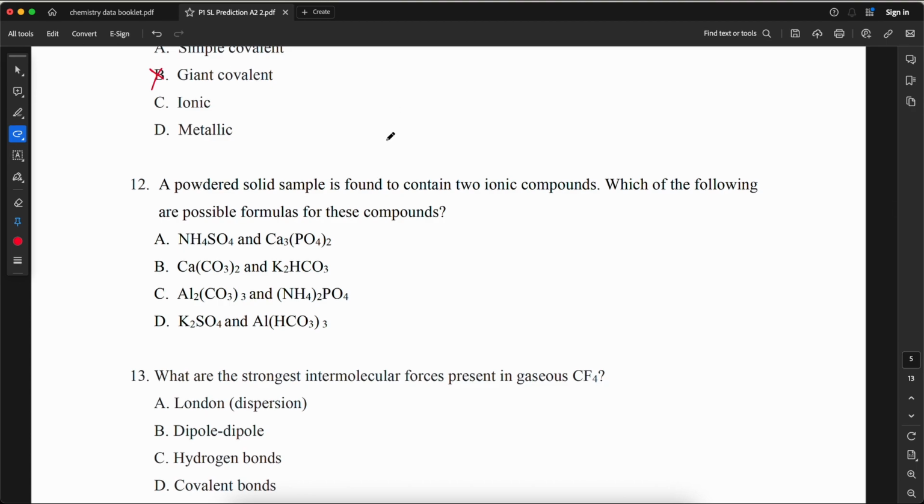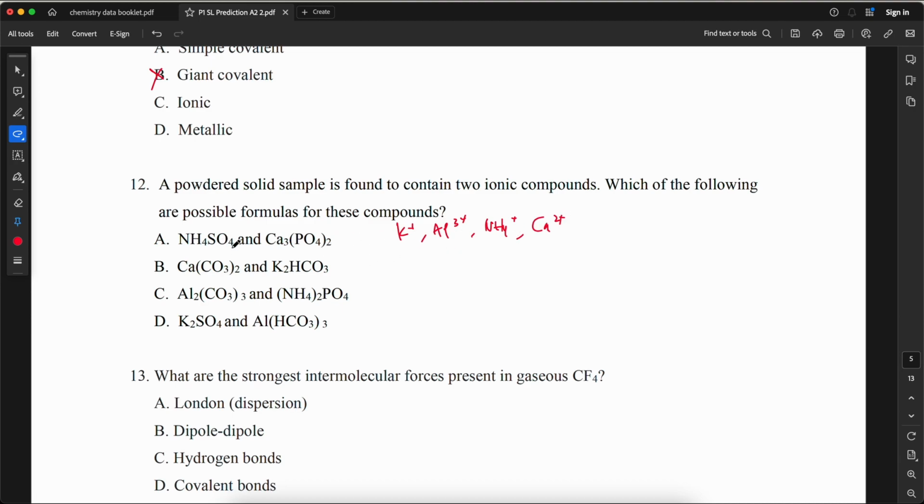A powdered solid sample is found to contain 2 ionic compounds. Which of the following are possible formulas for these compounds? When we see these compounds, we can check the cations that are involved, which are K plus, Al 3 plus, NH4 plus, and Ca 2 plus.